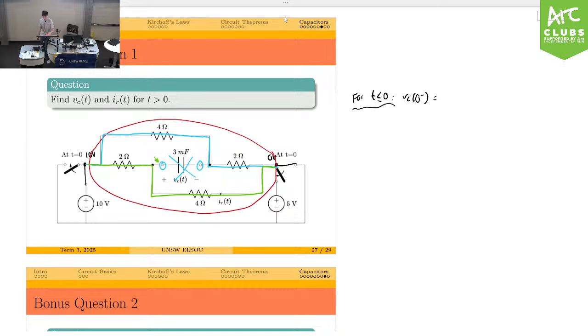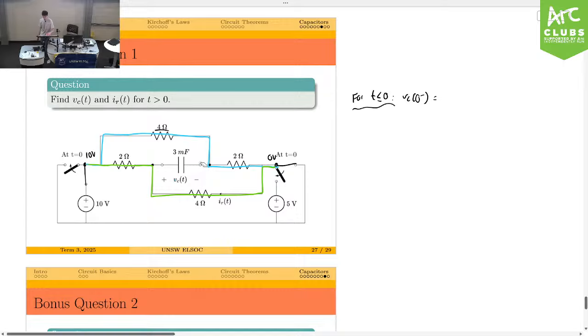I picked the numbers conveniently to be 4 and 2. If you take your 10 volts, you can do 2 voltage dividers. I know that of this 10 volts, 2/3 will go through there, because that's 4 and that's 2, and 1/3 will go there.